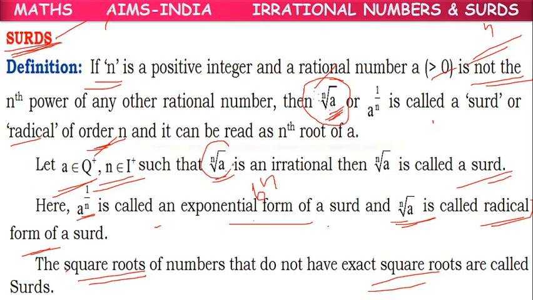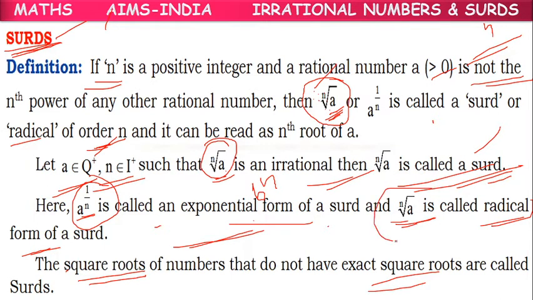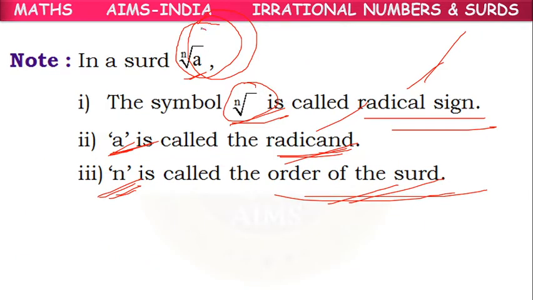Then nth root of a is called an irrational number, or it is called a surd. A power 1 by n is called exponential form. Nth root a is called radical form. So in the surd nth root of a, the nth root symbol is called the radical sign, a is called the radicand, and n is called the order of the surd.